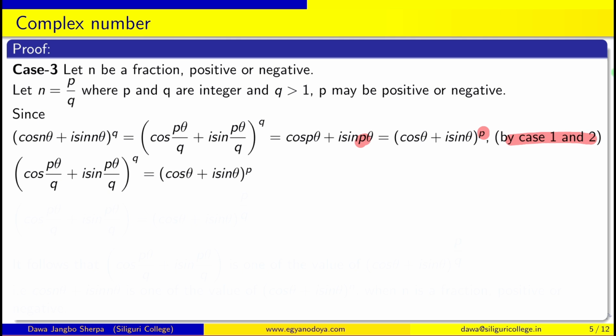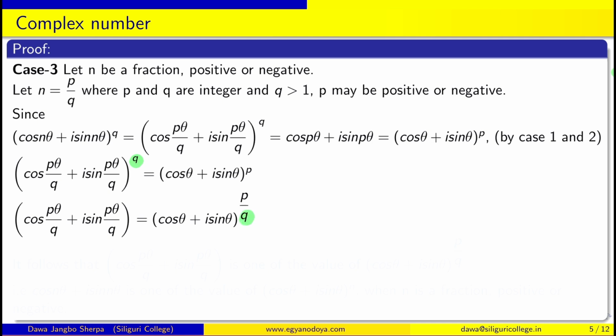So that means (cos p by q theta plus i sin p by q theta) whole to the power q is equal to (cos theta plus i sin theta) whole to the power p. That means this quantity is equal to this quantity. So this power will come over here in the denominator.